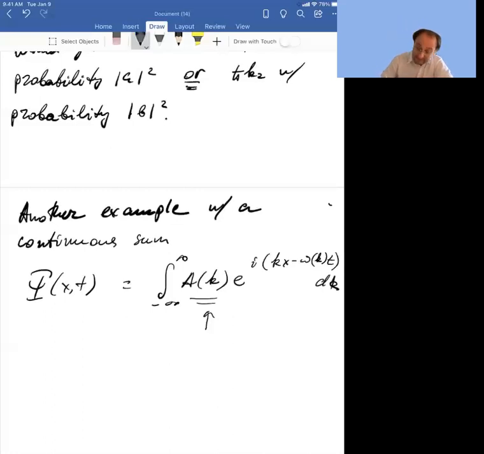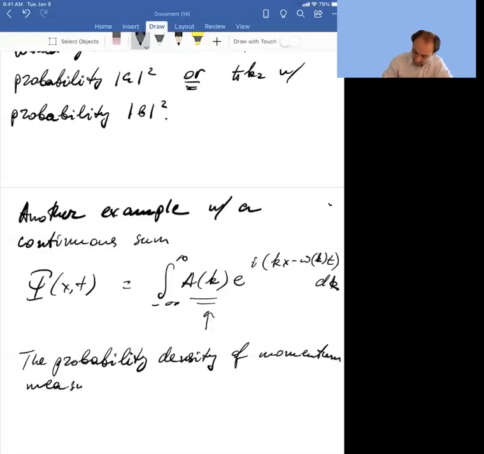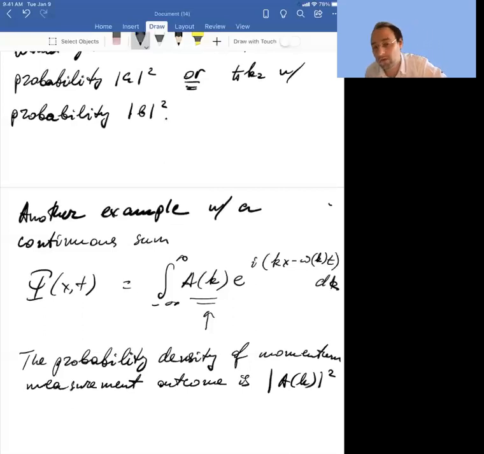Okay, so the probability density of the momentum measurement outcome is the square of the magnitude of the Fourier transform.